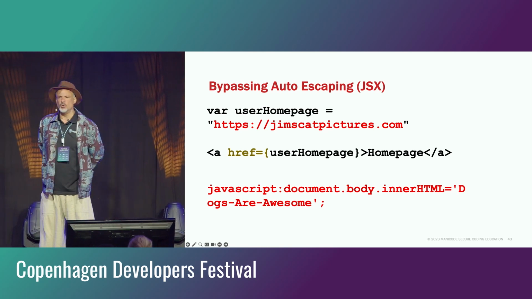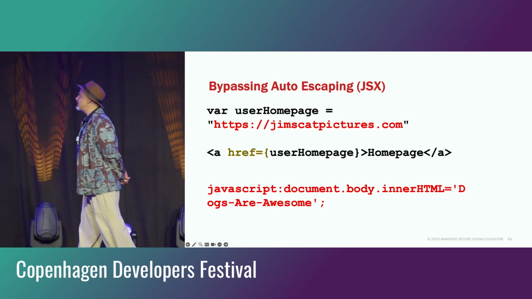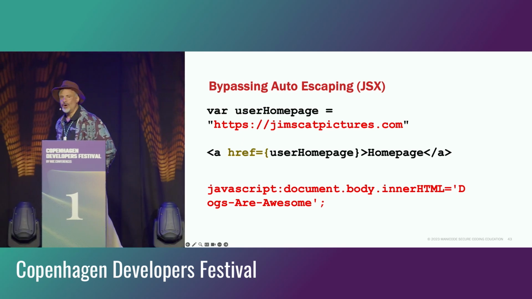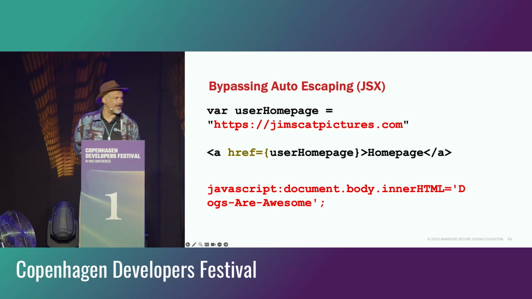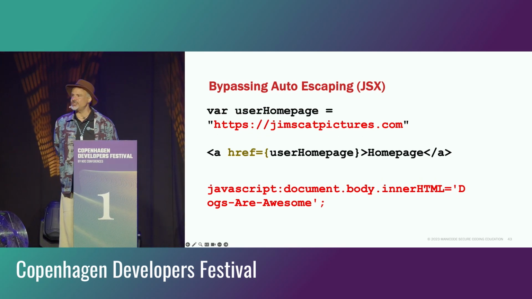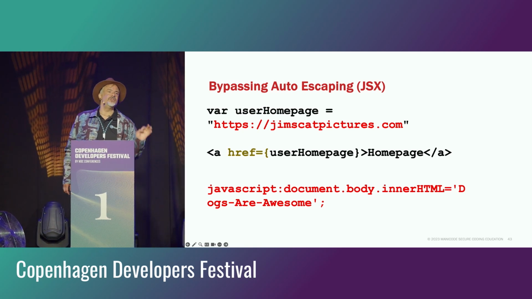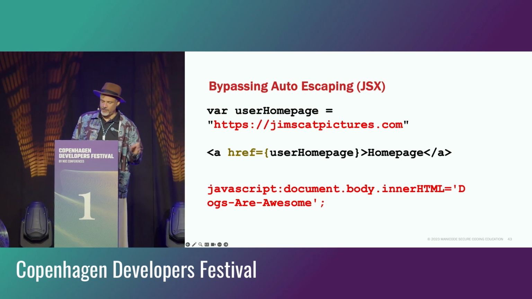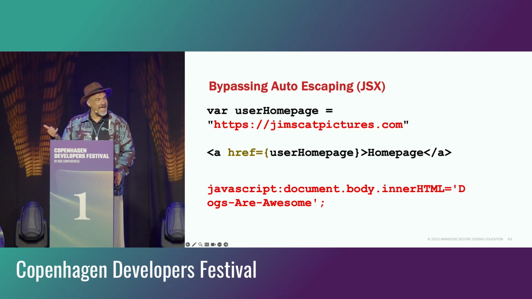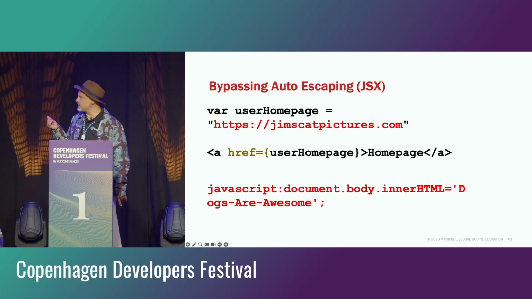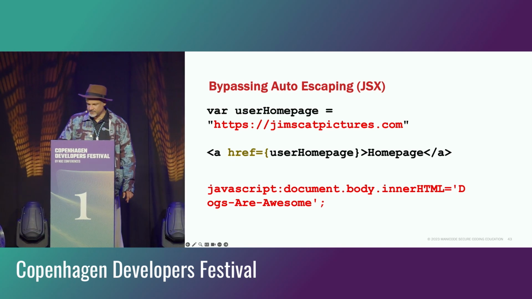That URL will literally deface the entire page, and even through JSX auto-escaping, I just executed evil script because the URL, which you validated to be valid, is using the JavaScript protocol to execute that payload. Again, a third of all successful attacks use this methodology.